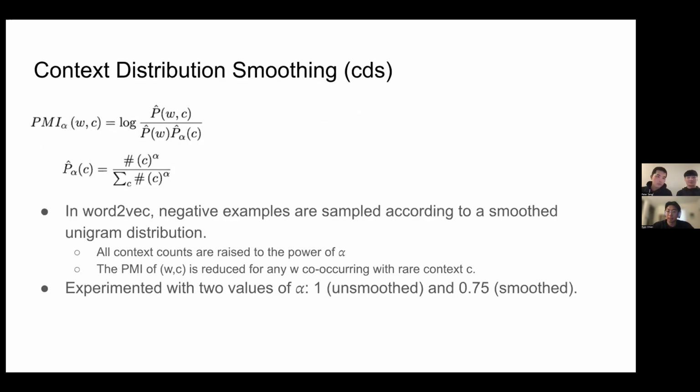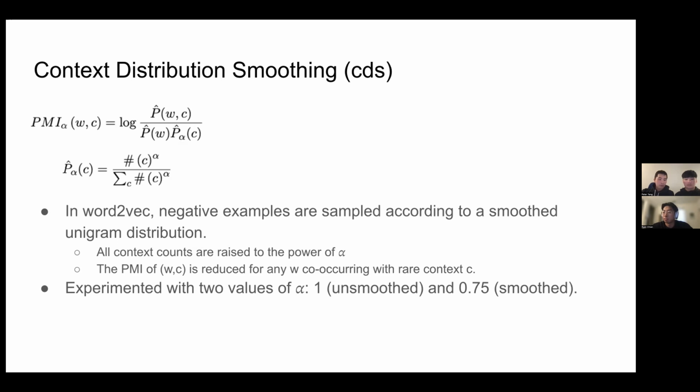Then we have context distribution smoothing. In Word2Vec, negative examples are sampled according to a smooth unigram distribution, where all context counts are raised to the power of alpha. And context distribution smoothing alleviates PMI's bias towards rare words, and does so by enlarging the probability of sampling a rare context, since the probability after taking it to the power of alpha is greater than the original one.